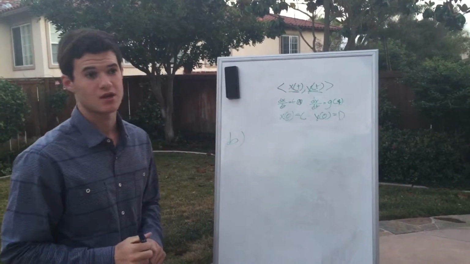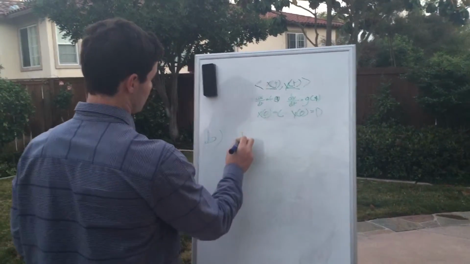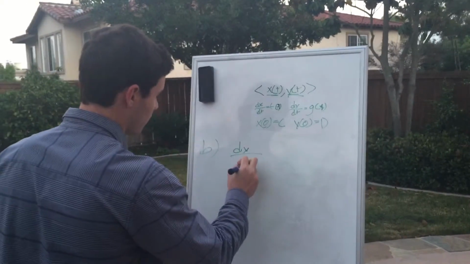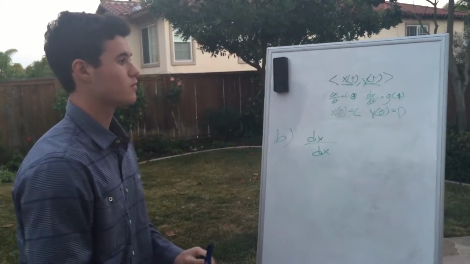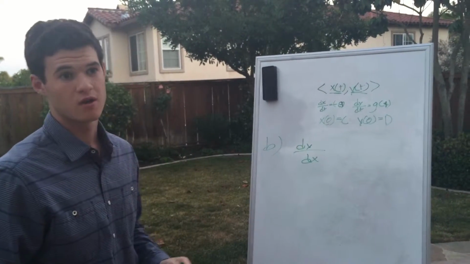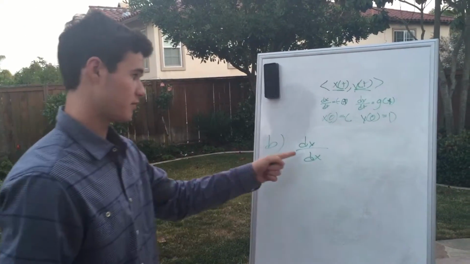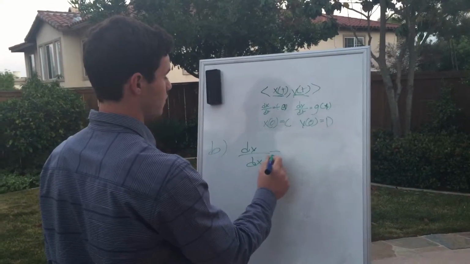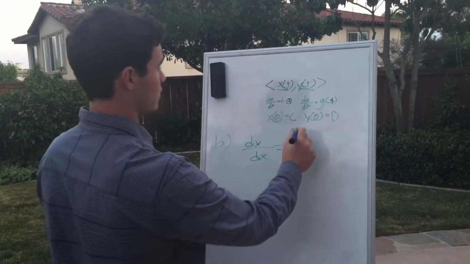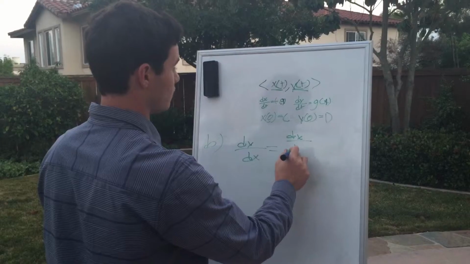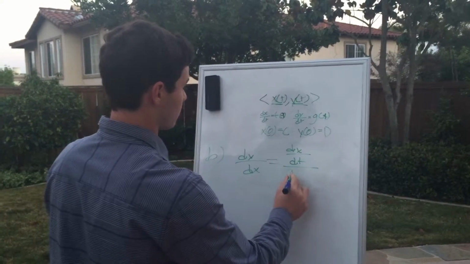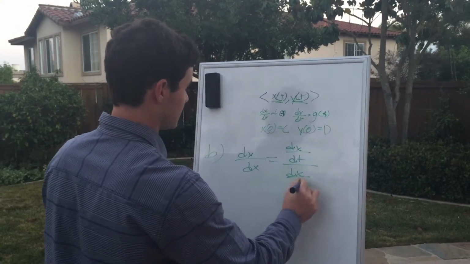Part B asks for slope, which is given by dy over dx. Unfortunately, we have two separate equations for x and y. In order to find dy over dx, we simply set it equal to dy over dt divided by dx over dt.